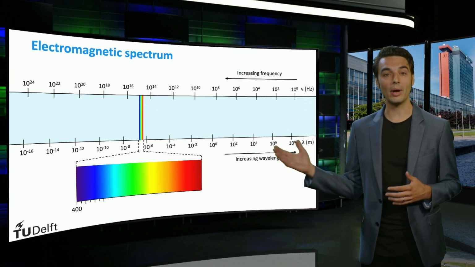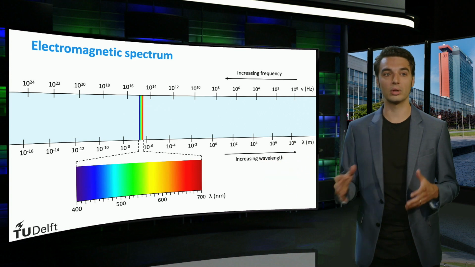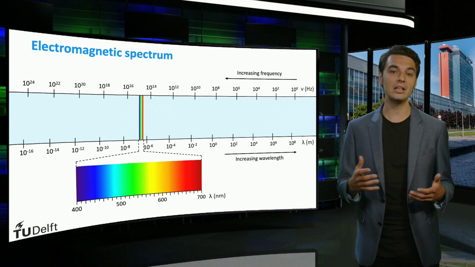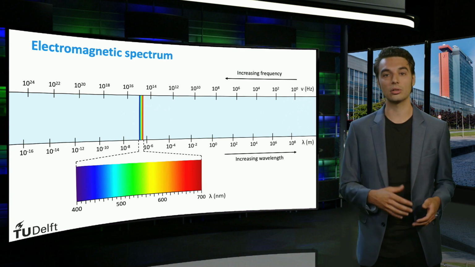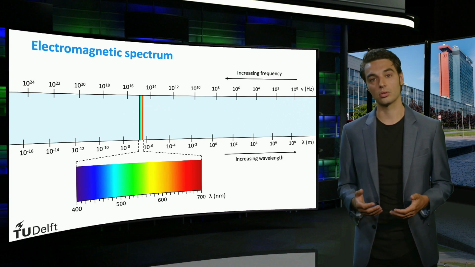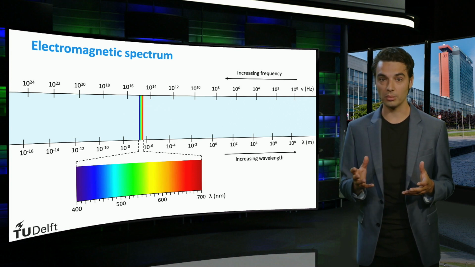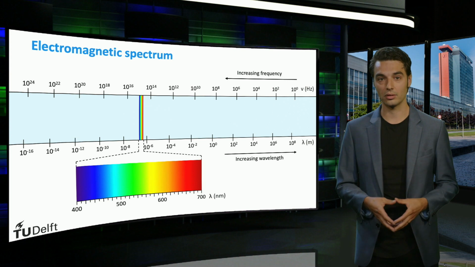We introduce a new axis for this part of the spectrum with a scale in nanometers. We can see that the visible part of the spectrum ranges from roughly 400 nanometers to about 700 nanometers. All electromagnetic radiation outside the visible spectrum is invisible to our eyes.